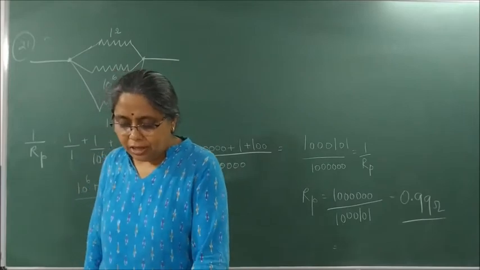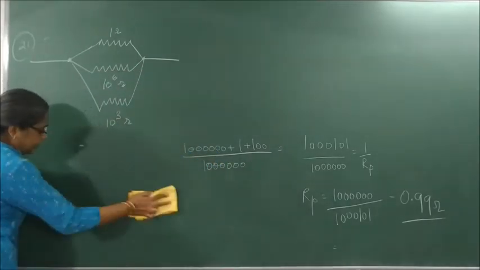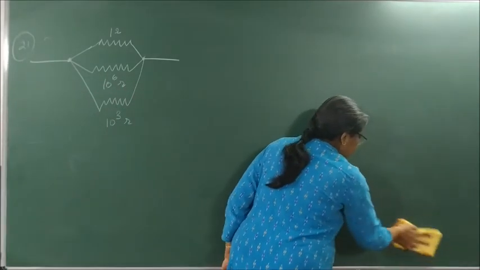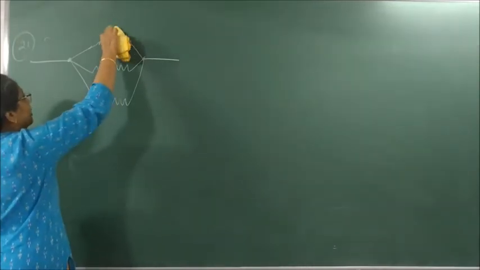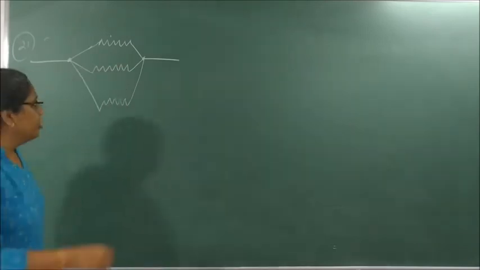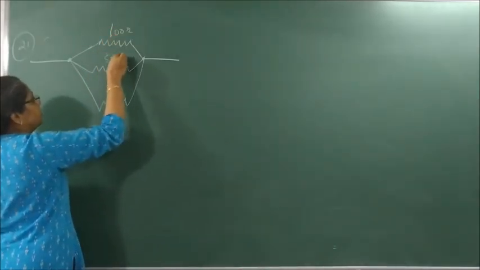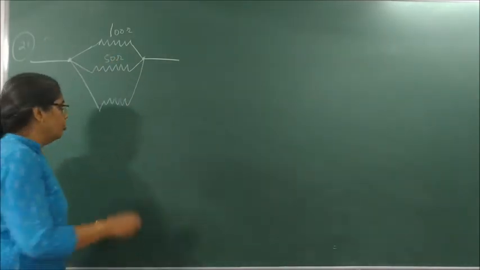So first thing, what are the three resistors which are connected in parallel? Let us first write. So we have three things connected in parallel. First one being what? 100 ohms, 50 ohms, and the next one is what? 500 ohms.